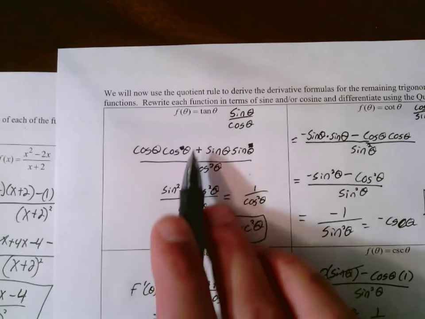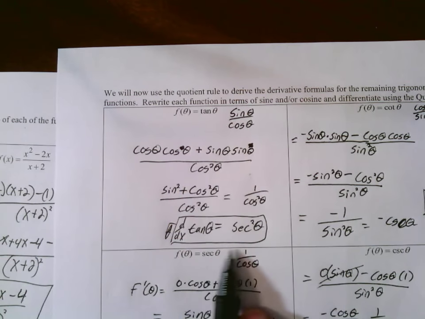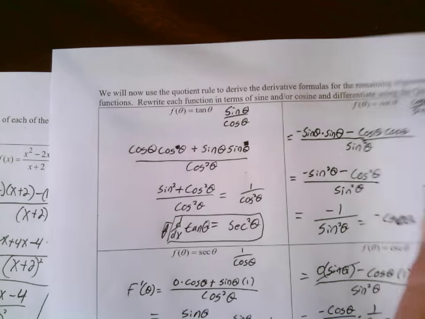Alright, I'm going to cheat. I'm going to go back to my last page for this one. We said that the derivative of tan x is secant squared x. So memorizing that comes in handy here.